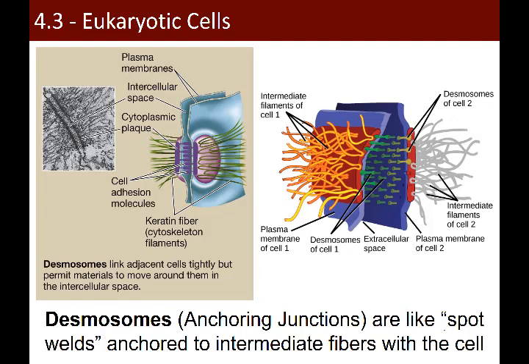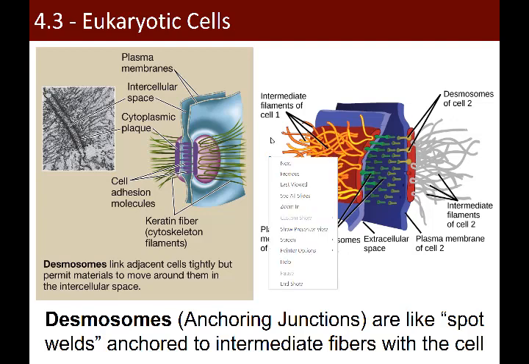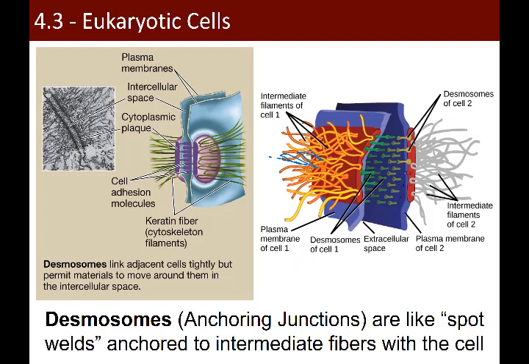They're a location where the two cells are held together very, very tightly, and they help to form the structure of cells and tissue by anchoring the plasma membranes together, and then also anchoring to intermediate fibers within the cell so that they're connecting from the intermediate fibers of cell number 1 through the anchoring junction protein, across the intermembrane space, and directly to the intermediate fibers of cell number 2.